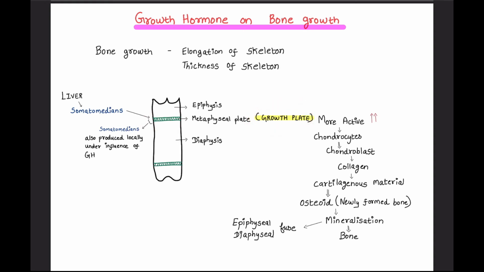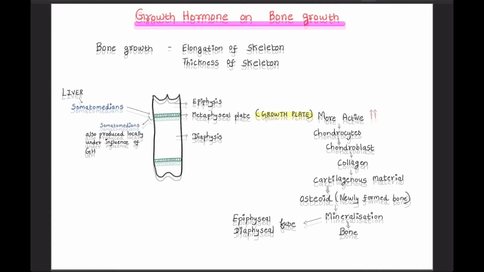So what happens inside is the growth plate will be more active, and it will increase the chondrocytes and chondroblasts. Then it will increase the collagen and cartilaginous material, and it will lead to osteoid, that is newly formed bone, and it will lead to the mineralization and formation of bone.